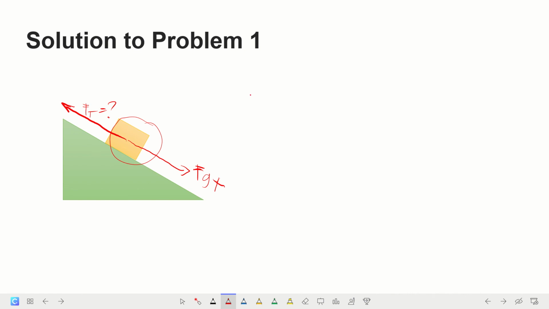Since we want to prevent this from sliding, then the summation of forces along this axis, the x-axis, must be equal to 0. So, how do we look for the solution for the summation of forces?